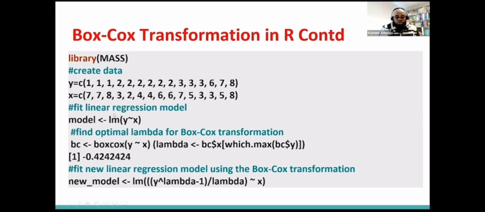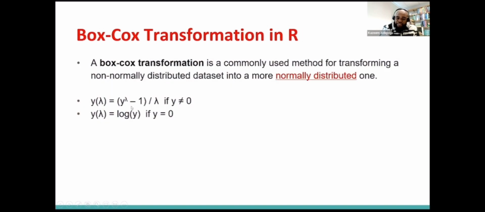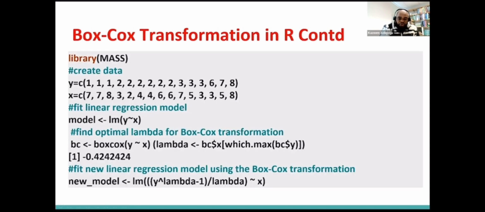So if I want to run a new model, the response variable that I'm going to use in the new model, don't forget, the transformed one, is going to be y raised to power lambda minus 1 divided by lambda. That's what I'm programming here.